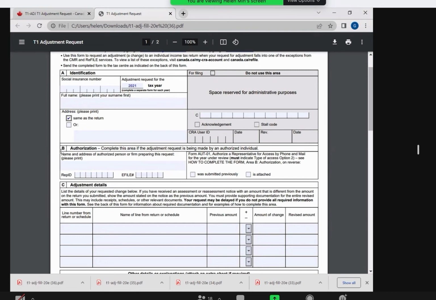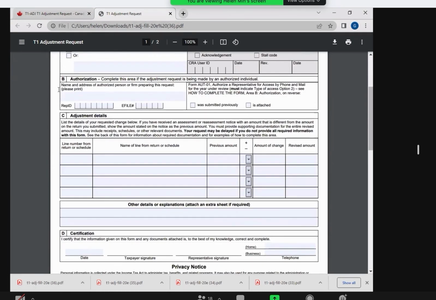Area B is where you ask somebody else to do it for you, for example an H&R Block representative. They have a rep ID. So you don't need to do anything in area B. You only do area C.